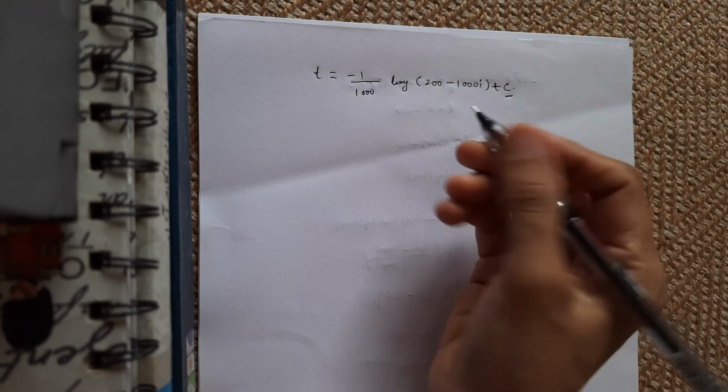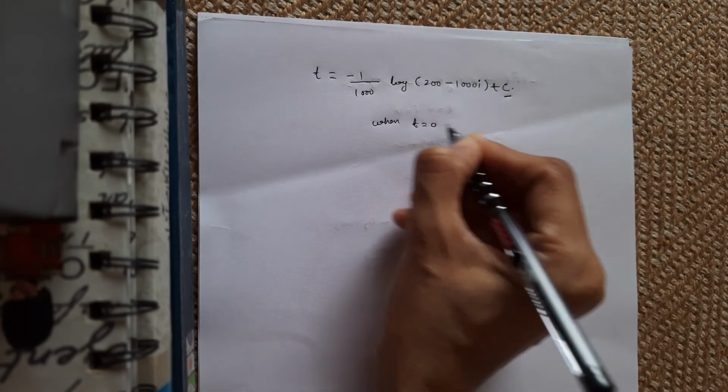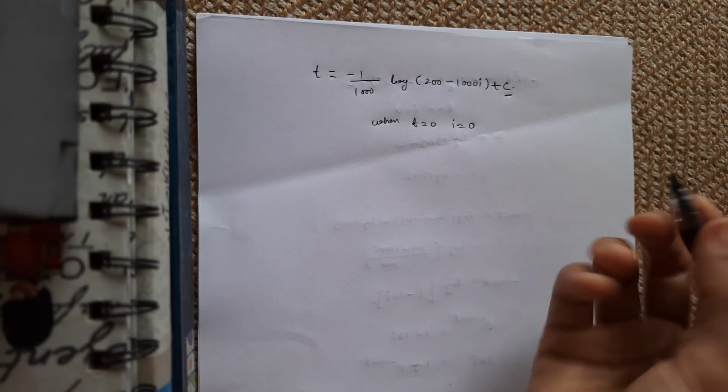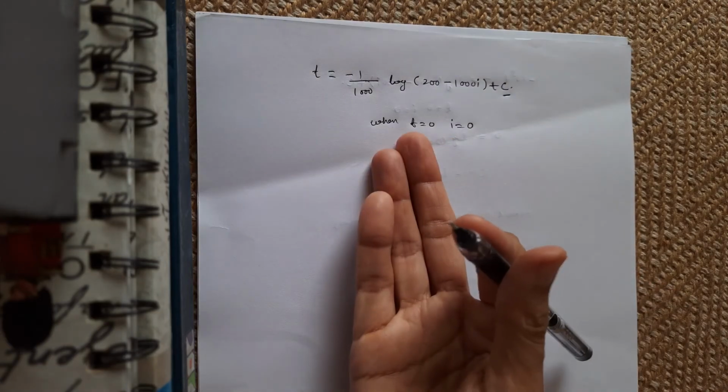So I am using the initial condition that initially when time is 0, current will be 0, right? When there is no time, we won't start the current, then time is 0, then I is 0.